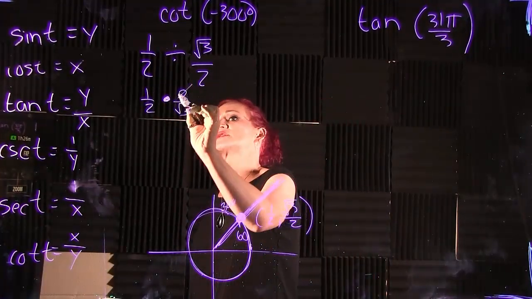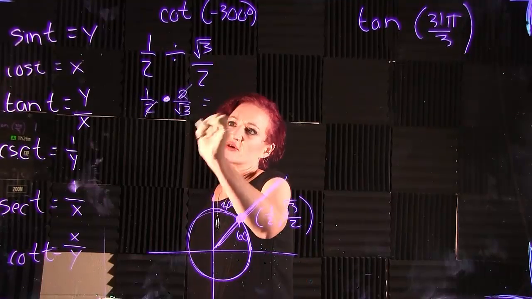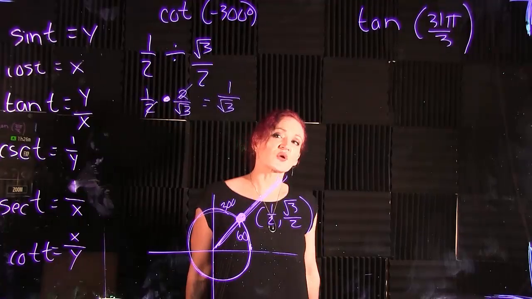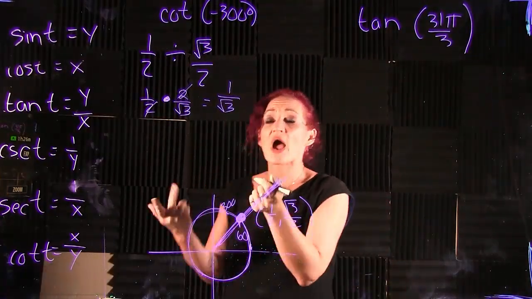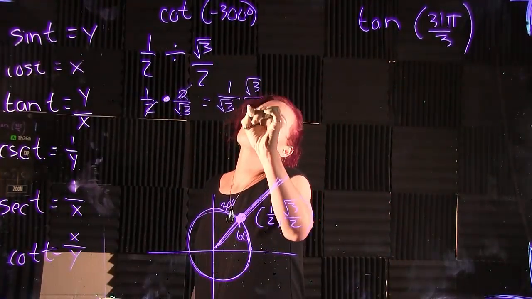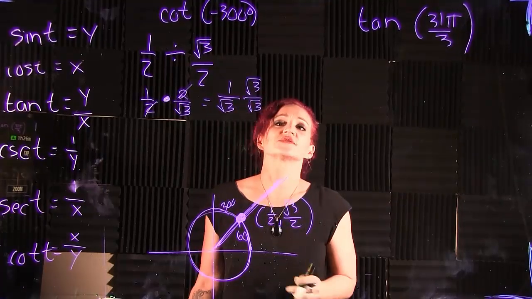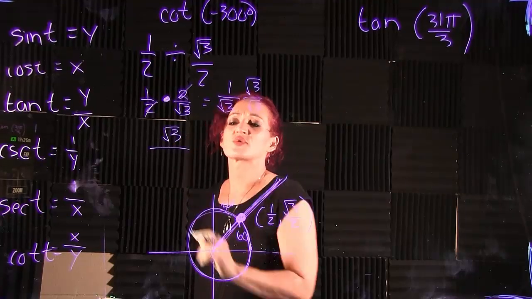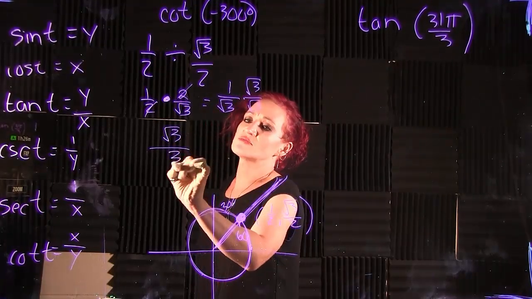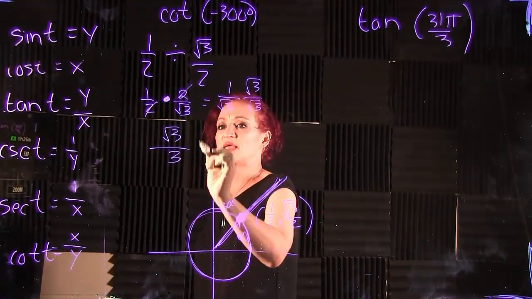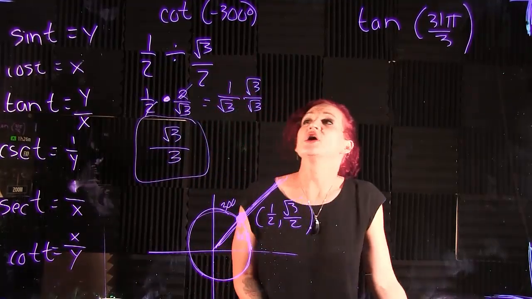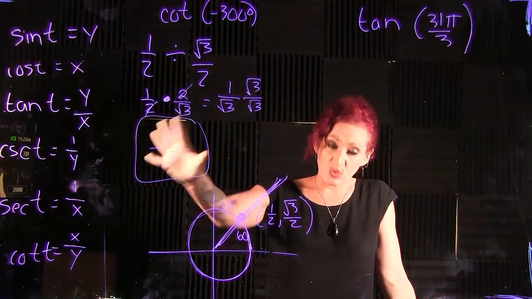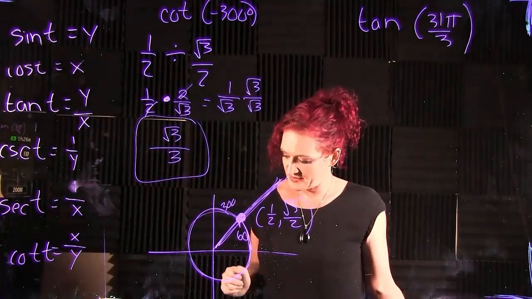We're able to cancel out the 2's, leaving us with a 1 in the numerator and a square root of 3 in the denominator. Rationalize the denominator: multiply by square root of 3 over square root of 3. Up top, 1 times square root of 3 is square root of 3. Down bottom, square root of 3 times square root of 3 is 3. So cotangent of negative 300 is square root of 3 over 3.